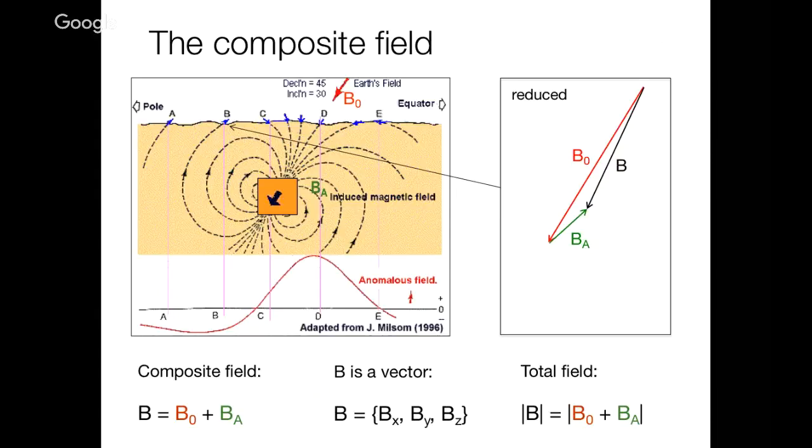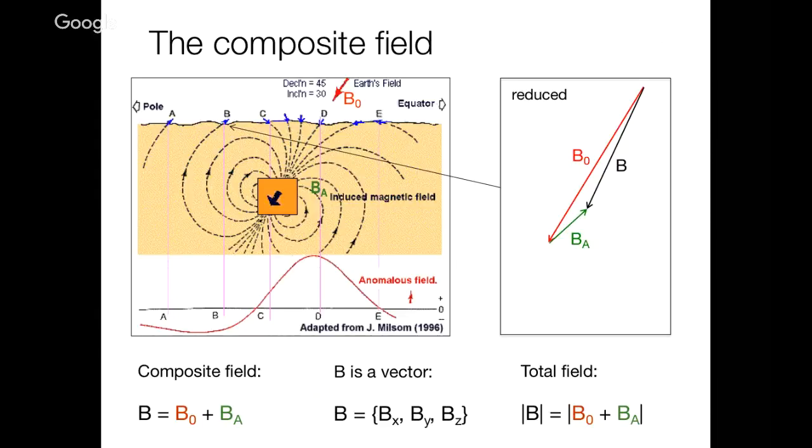So let's take a look. Let's suppose we're over here at B. And say, okay, what are we up against here? First of all, B naught is coming in like this. So that's this red line. But if we look at the anomalous field, we're sitting right here, the magnetic field lines are coming up like that.